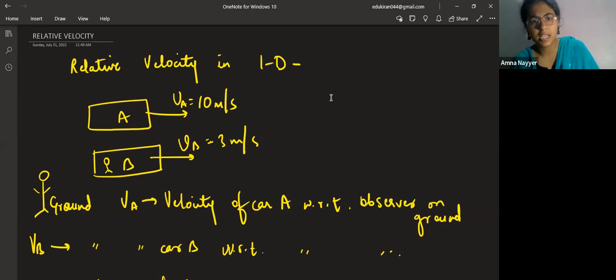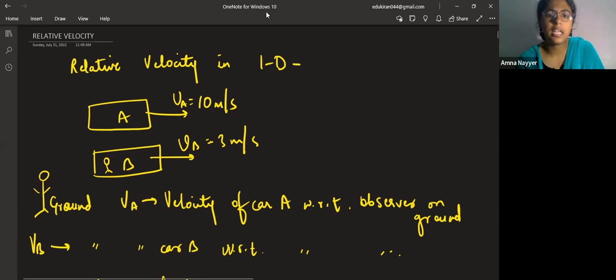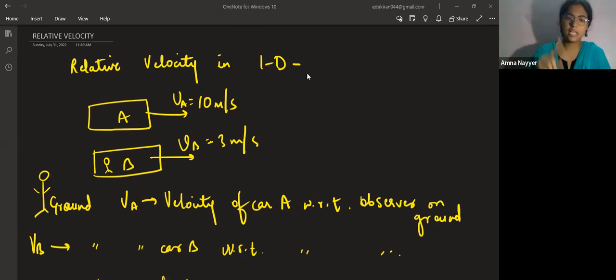If one is going in one direction and the other in another direction, then you'll put the sign. Yes, your sign conventions can be anything. That is not fixed. Class, again I'm repeating this fact: sign conventions are independent values. Even in the options, you will not get the same option with both sign conventions.